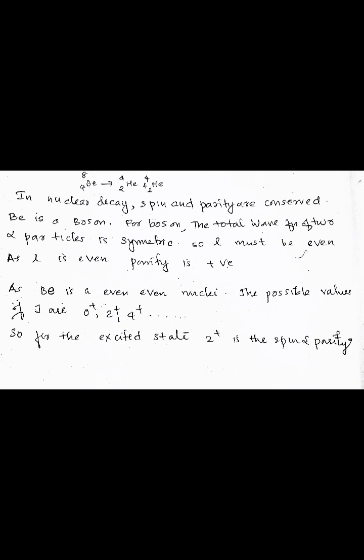That is, L must be even. As L is even, we can say that the parity is positive. And as beryllium is an even nucleus, the possible values of J are 0 plus, 2 plus, 4 plus. So for the excited state, 2 plus is the spin and the parity. So the answer is 2 plus.